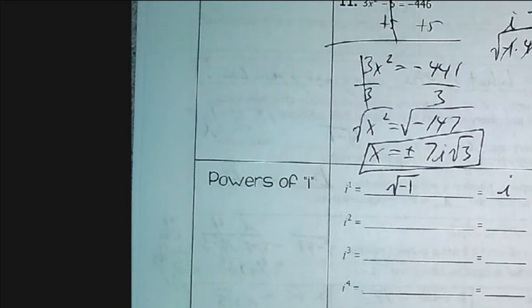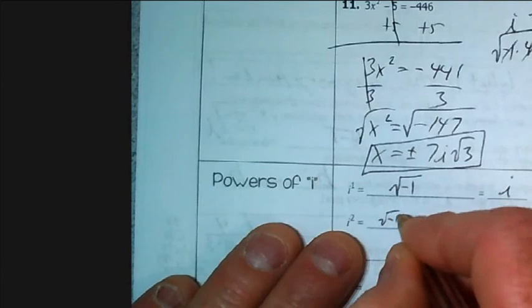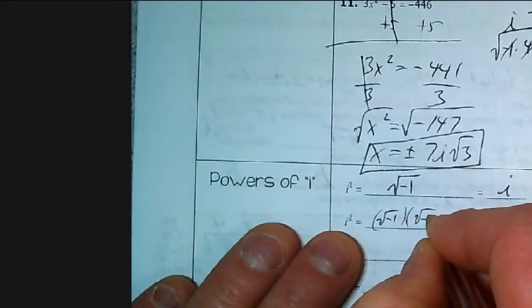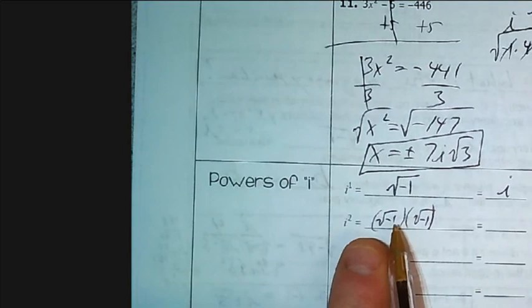Now, when I square the i, that's like saying the square root of negative 1 times the square root of negative 1. Well, let me back up. I didn't say that right.